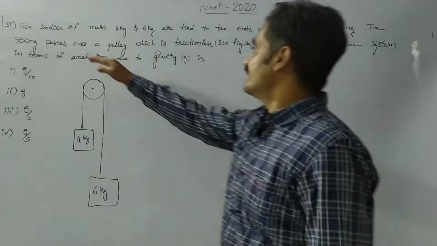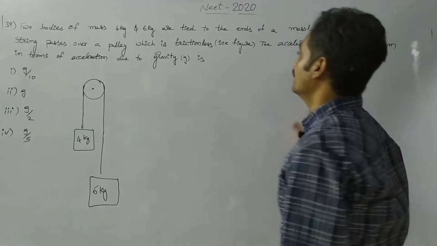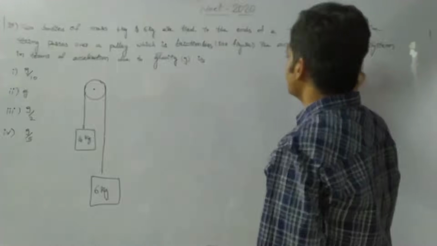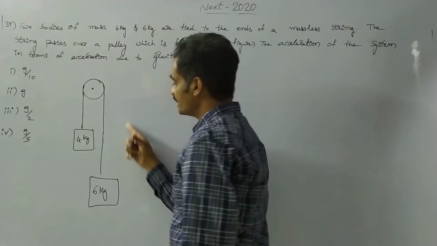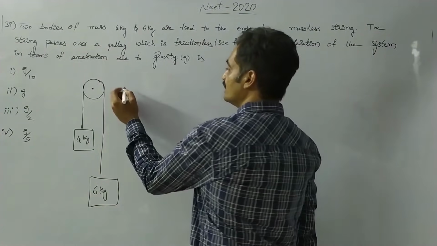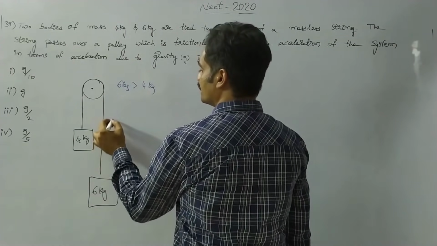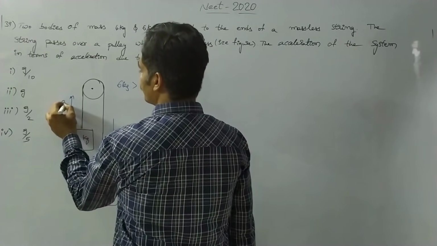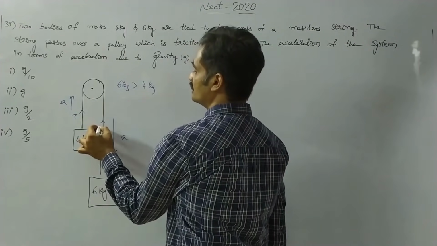The next question is, two bodies of mass 4 kg and 6 kg are tied to the ends of a massless string. The string passes over a pulley which is frictionless. Now the acceleration of the system in terms of acceleration due to gravity is? So here observe that the string is passed over a frictionless pulley, and two weights are suspended. Since 6 kg is greater than 4 kg, the acceleration of the 6 kg acts in the downward direction, and the acceleration of the 4 kg acts in the upward direction, whereas tension acts in the upward direction in both cases.